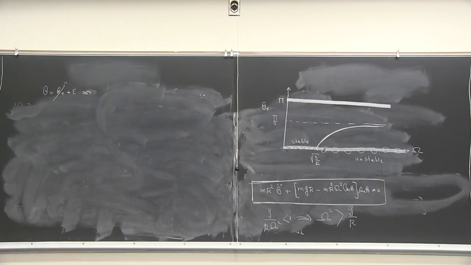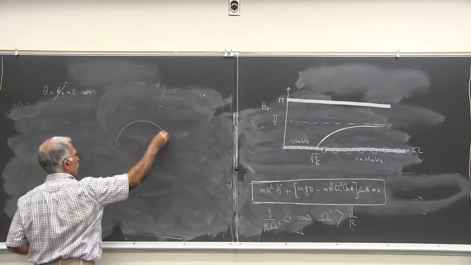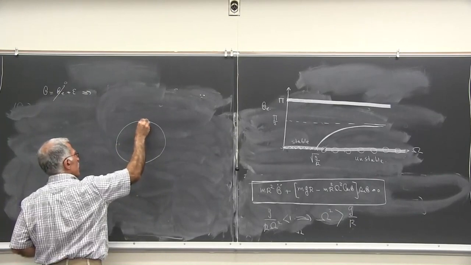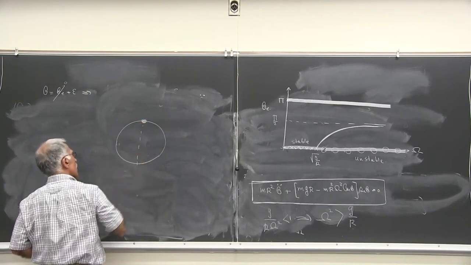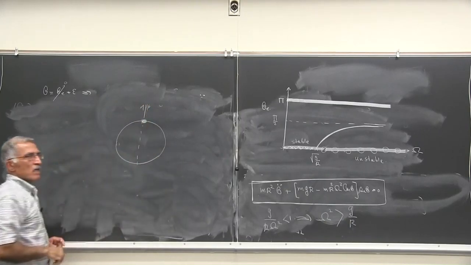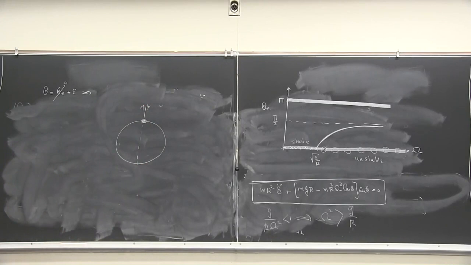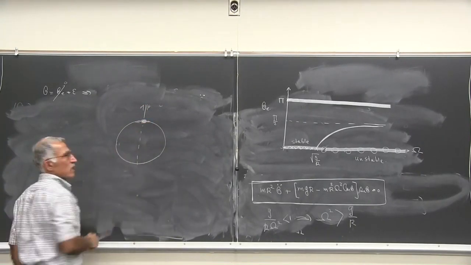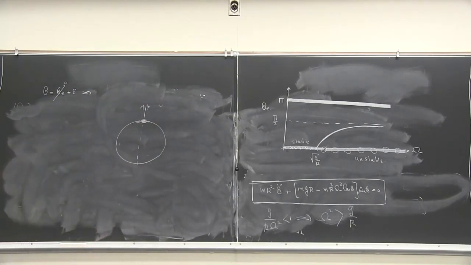So now let's look at the situation where your marble is here, and you are rotating this. We are interested in what happens if you make a small disturbance. Is it going to fall down from the cliff, or does it stay there, oscillate back and forth, and come back to position?